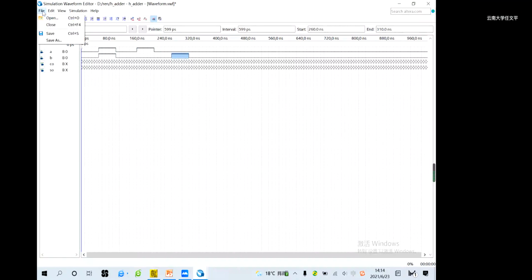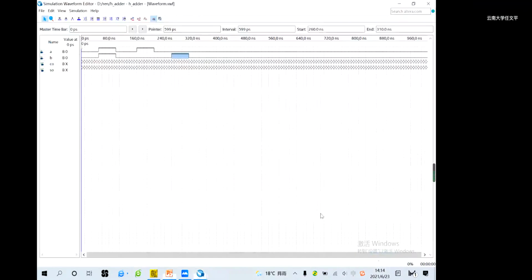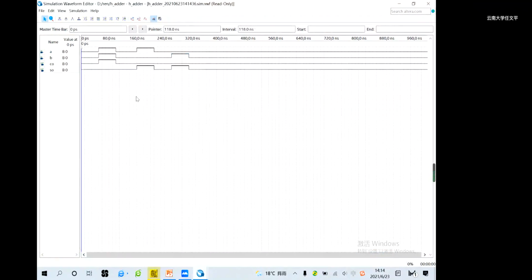Save the wave file. And simulate. Look at the output signal wave. It means the circuit logic is right.